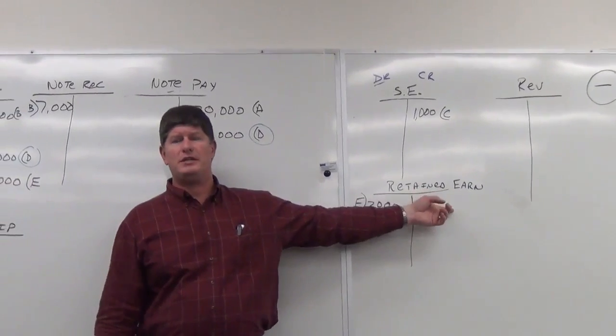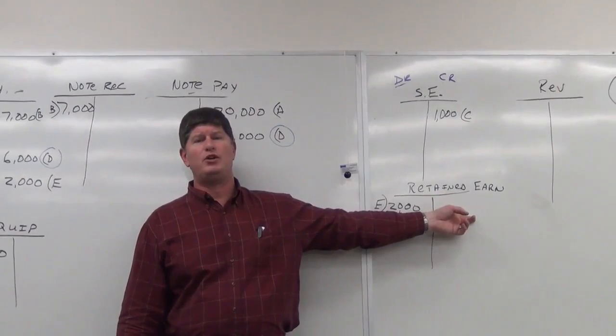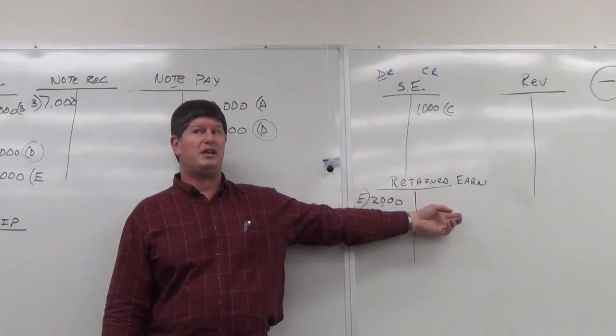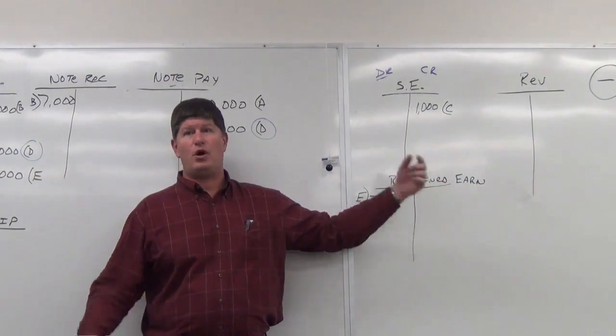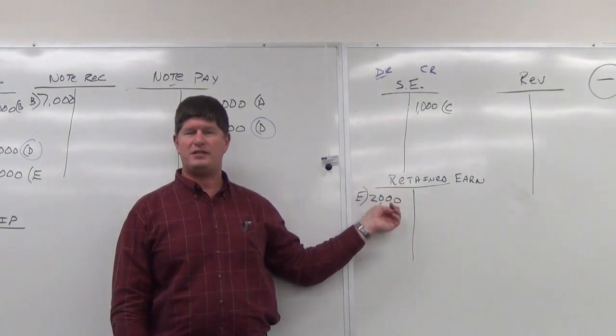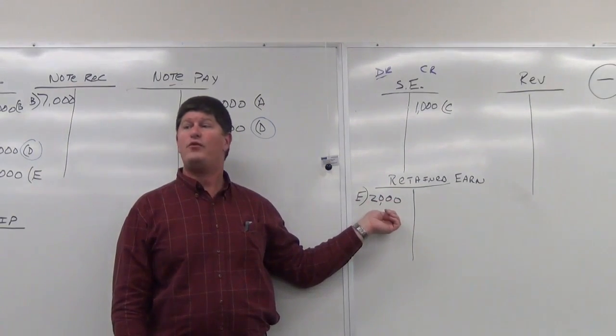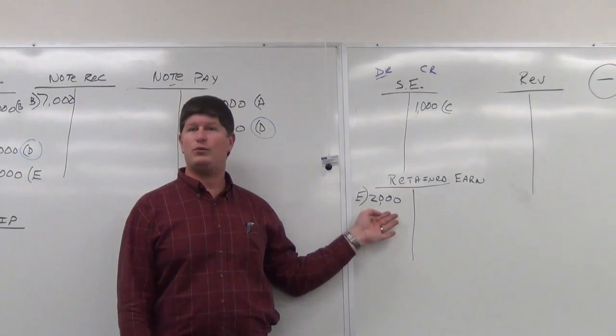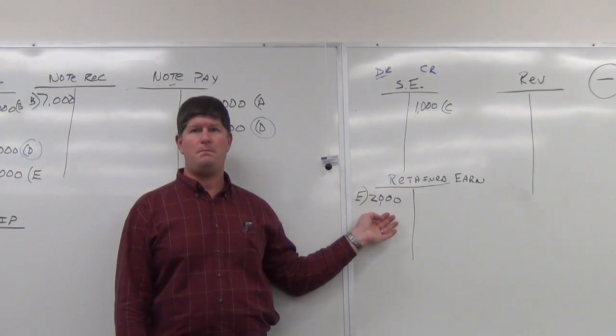Retained earnings is the accumulated earnings and profits of the company from the beginning of time. Every time they have net income, it increases retained earnings. If they have a net loss, it decreases retained earnings. If we declare a dividend, distributing some of the profits out of the company, it reduces retained earnings.